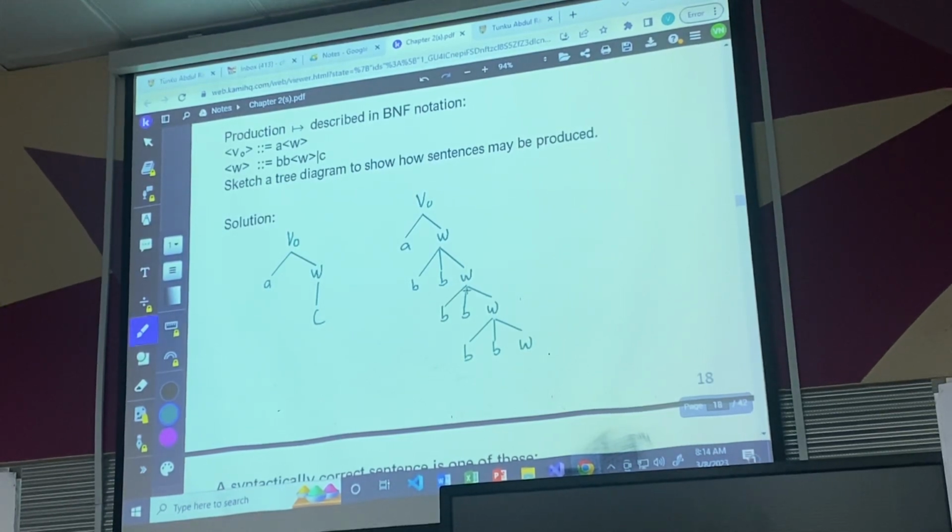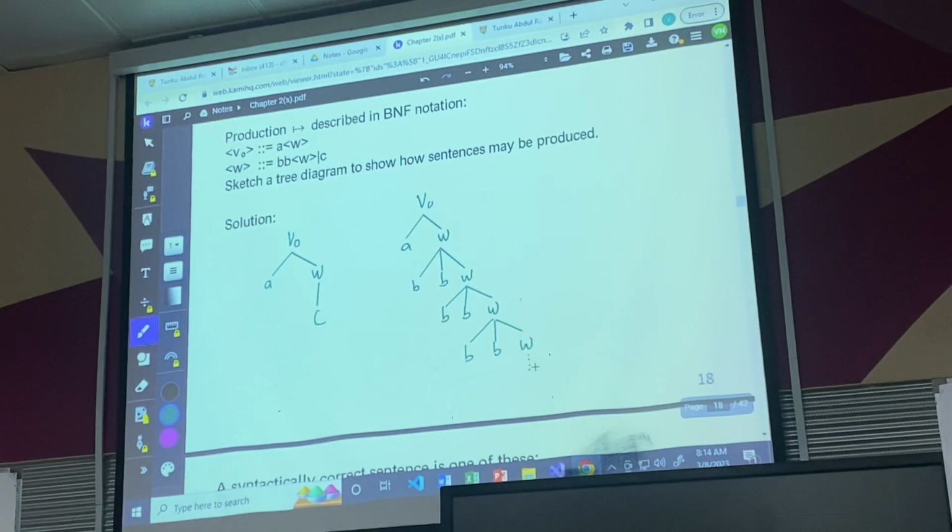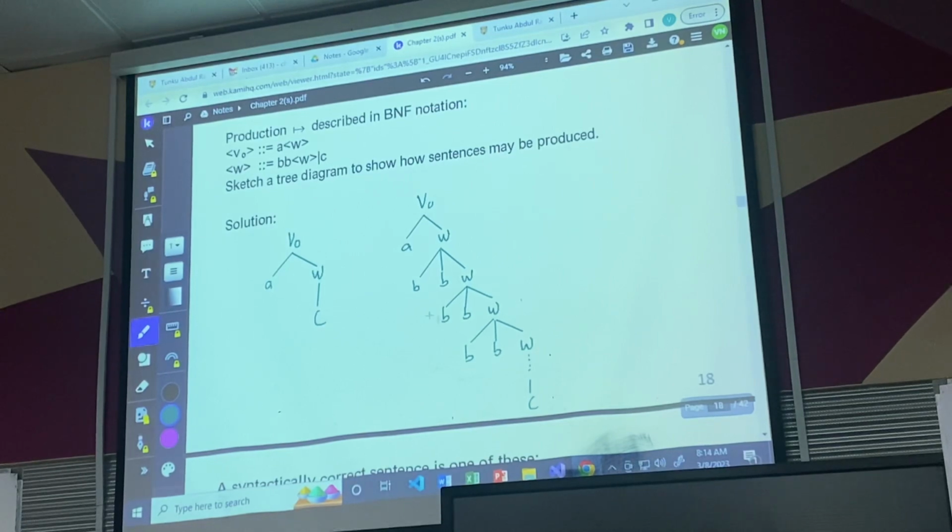Until a few times of this BBW until you substitute with C. Then only the sentence will stop at C. Okay?